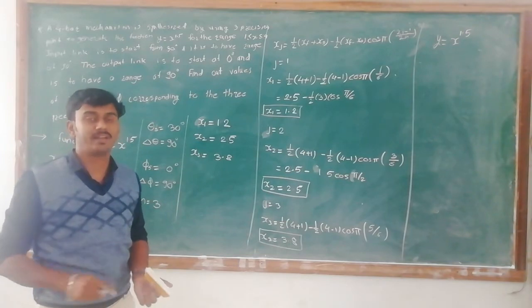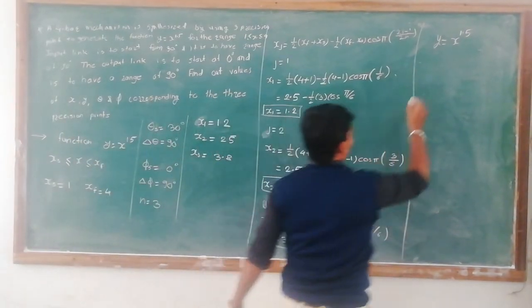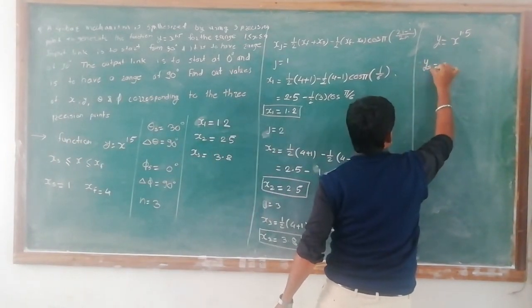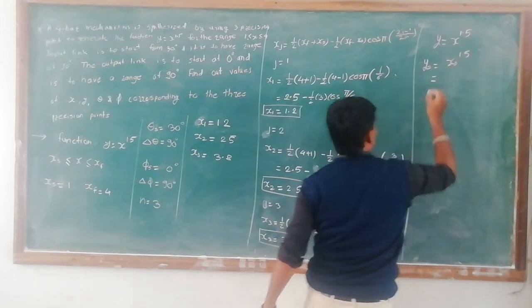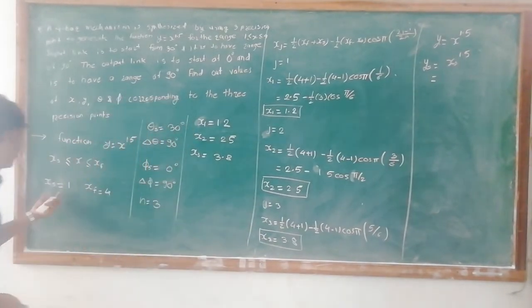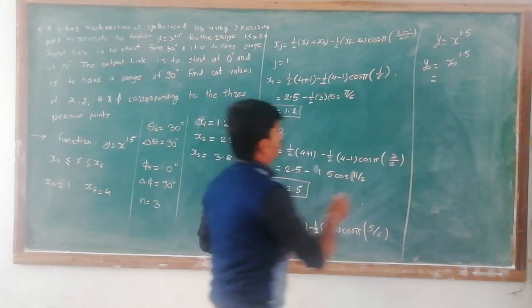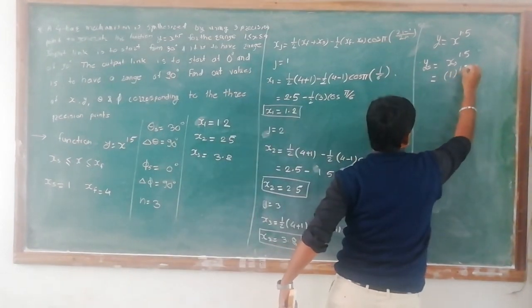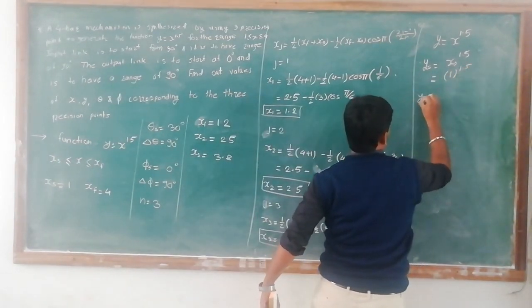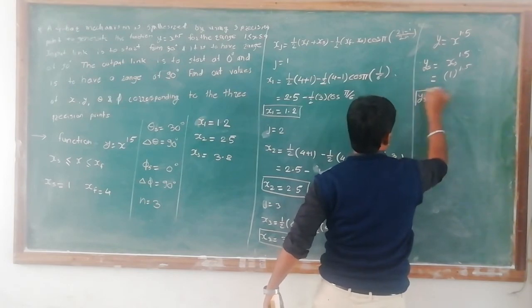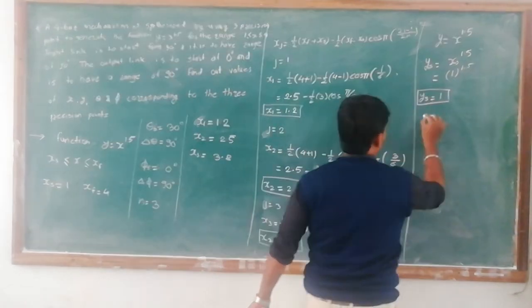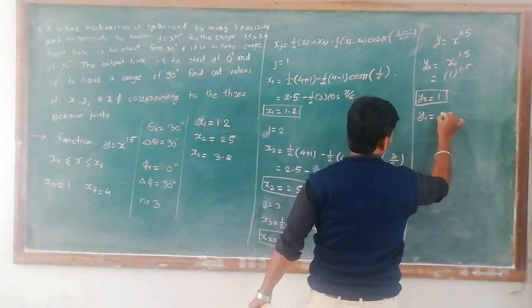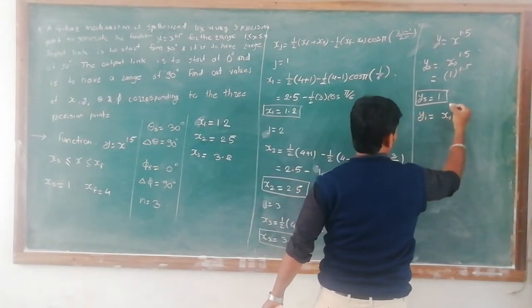So first of all, we will find out y starting. y starting is equal to x starting raised to 1.5. So x starting is equal to 1, so 1 raised to 1.5 is equal to 1. So ys is equal to 1. Now we have to find out the value of y1. So y1 is equal to x1 raised to 1.5.